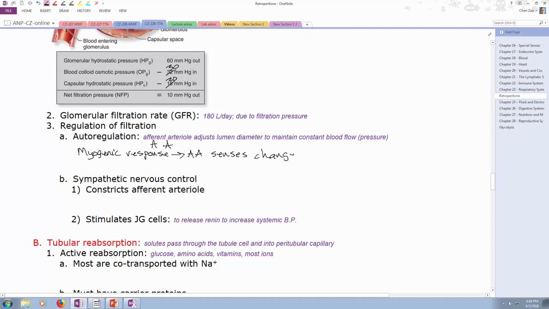changes in lumen diameter, which is the same thing as blood vessel diameter, correct? The lumen gets bigger, the blood vessel is getting bigger.